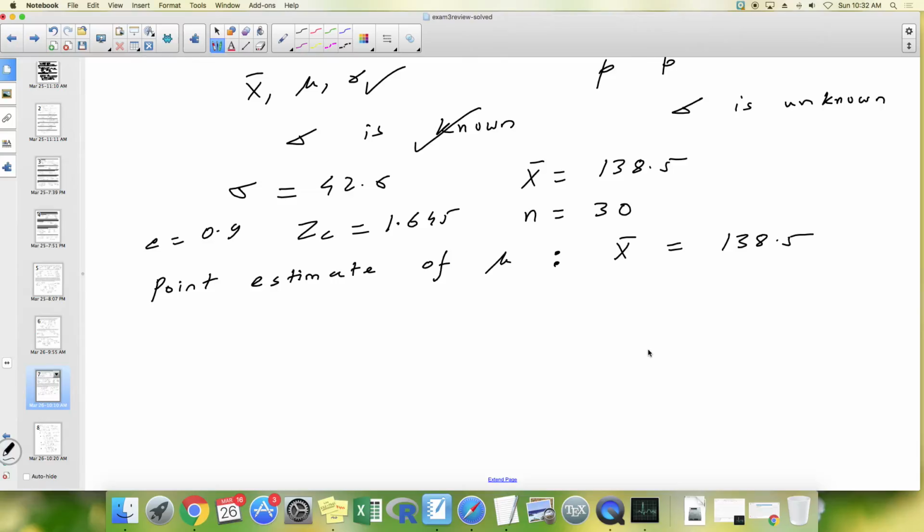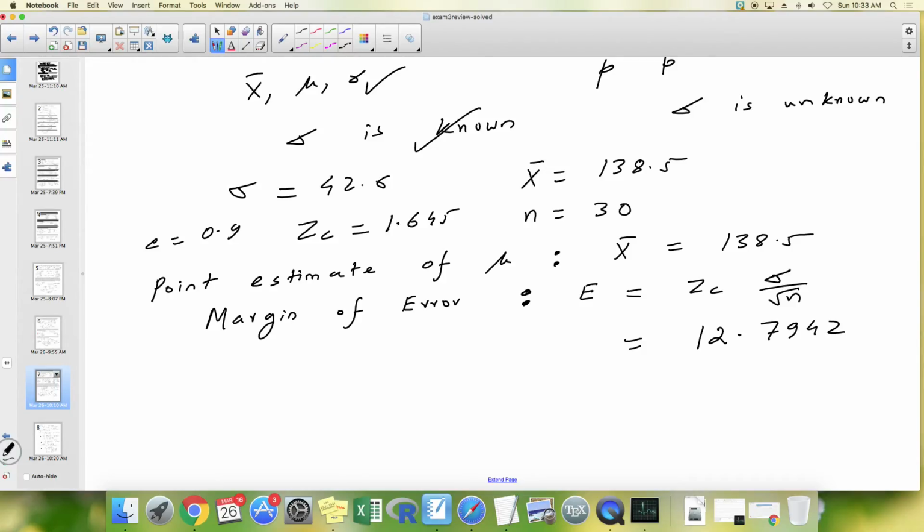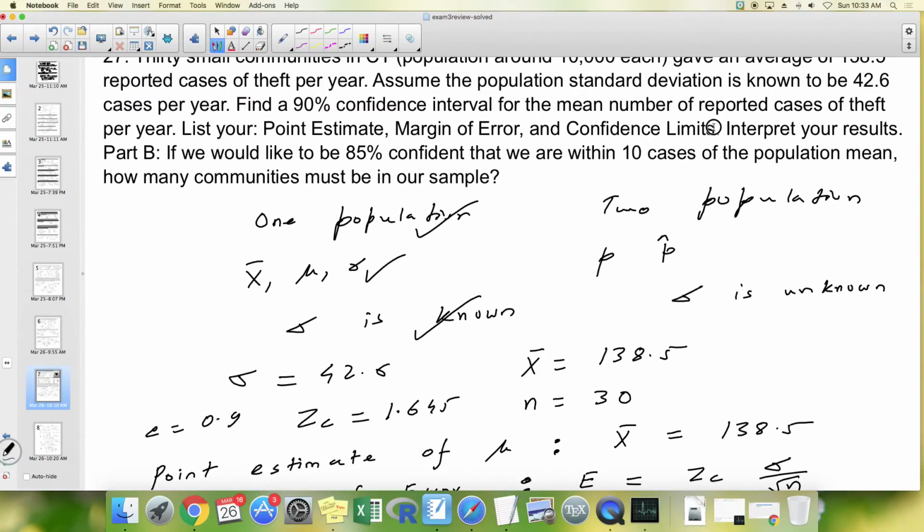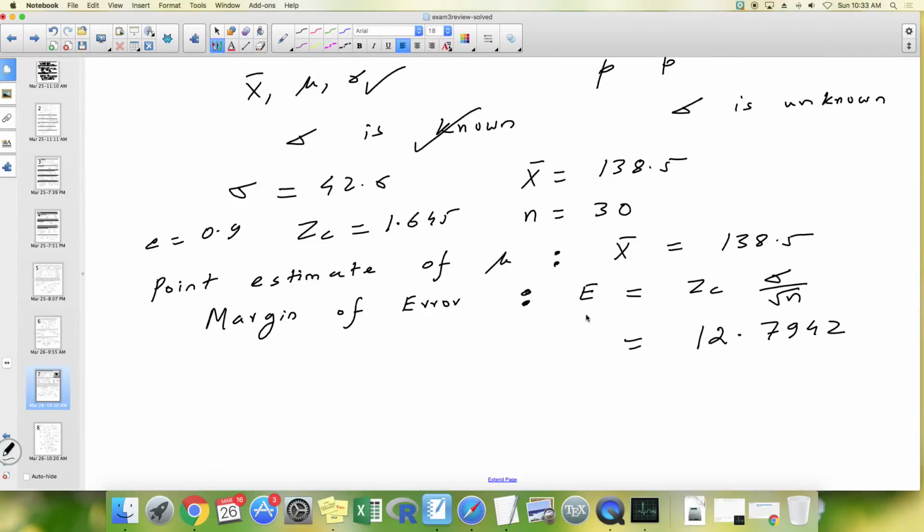Next, margin of error. So which one is called margin of error? That's the E thing. And we know the formula for that is ZC times sigma by square root of n. We have all those things in our hands, and you can put them in your calculator, and you'll find it's 12.7942. Next, find the confidence limits. I mean, that is a confidence interval.